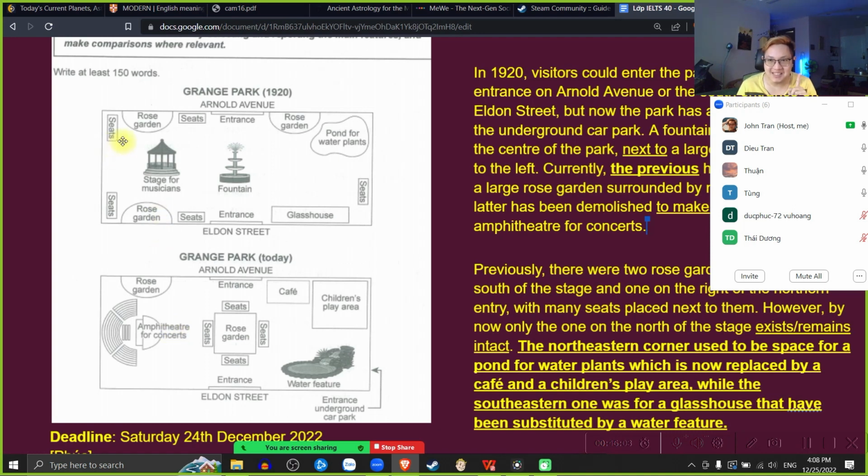Because remember, seats here, they can be either removed, replaced with another type of seat, or they can merge like what you said. Cái seats này hoàn toàn có thể biến mất. Người ta thay thế bằng cái loại ghế khác để xây cái amphitheater này, hoặc là hai cái seats này nó hợp lại với cái stage này để thành cái amphitheater.